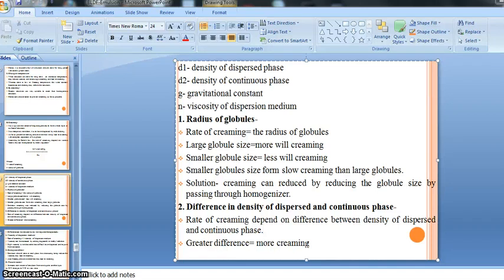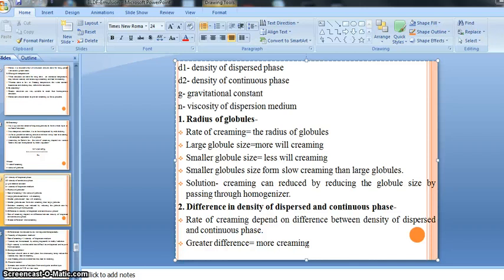Suppose we use 10 ml continuous phase and 5 ml dispersed phase. That time the difference of density, the weight of our two phases, is very high, right? Greater, so that time there are chances of creaming.